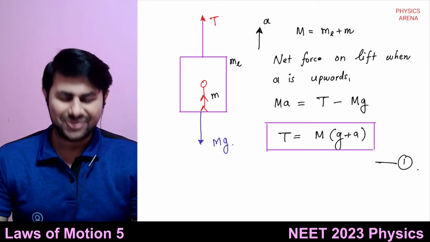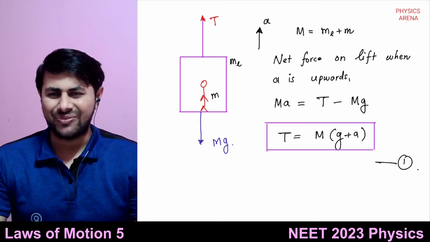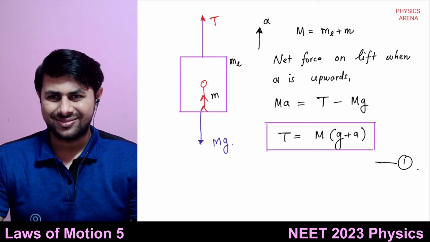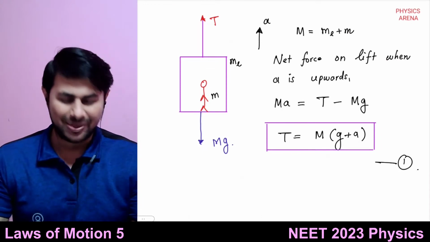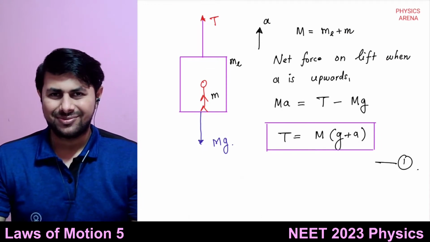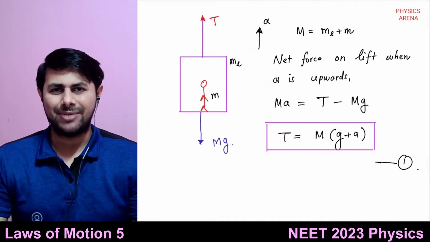Can you guess what the tension will be when the lift accelerates downwards? That one will be M multiplied by (g minus a).